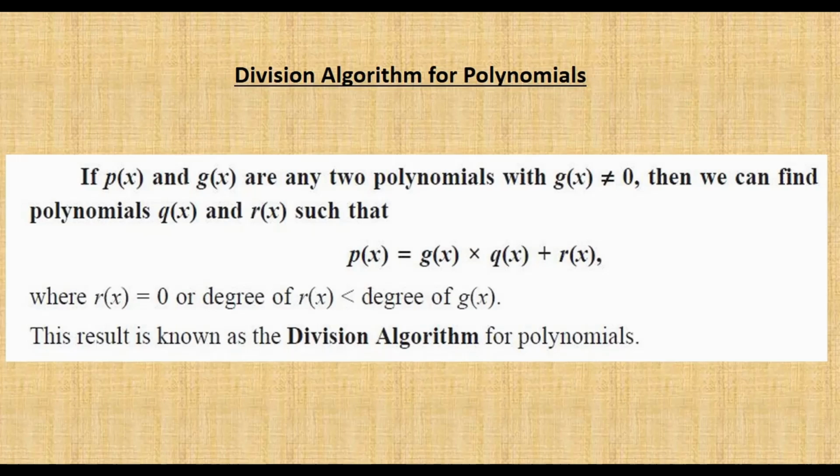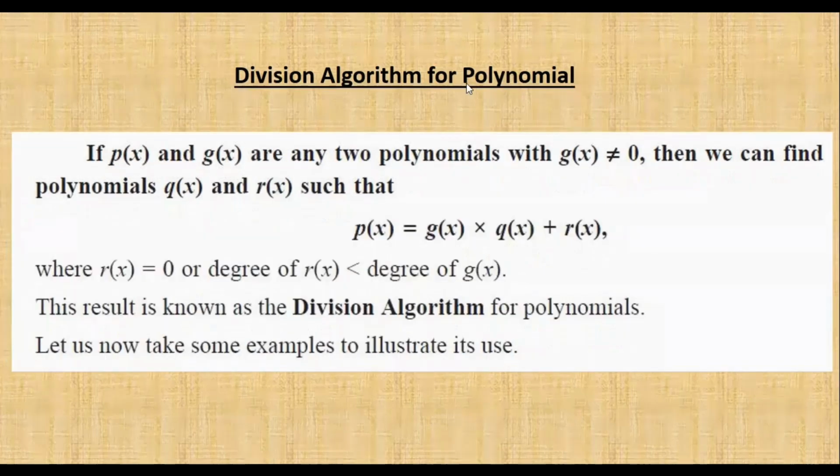Okay, so here suppose p of x and g of x are two polynomials. We want to divide p of x with g of x. The quotient will again be a polynomial we can name as q of x, and the remainder we can name as r of x. It can be a constant, no problem. Okay, then this relation we can write like this, right?